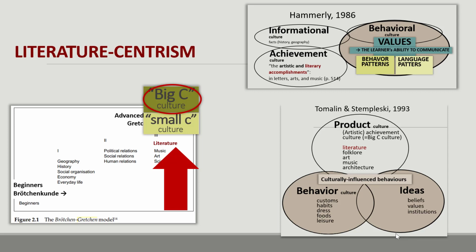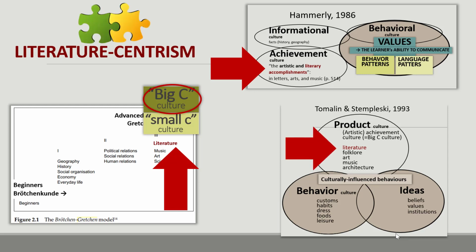The achievement culture is defined as the artistic and literary accomplishment, the accomplishment in letters, arts, and music. Tomalin and Stempleski's model comprises three elements: products, behaviors, and ideas. Cultural products refer to artistic achievement: literature, folklore, art, music, and architecture.